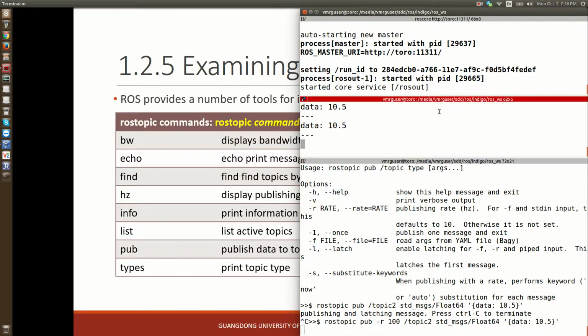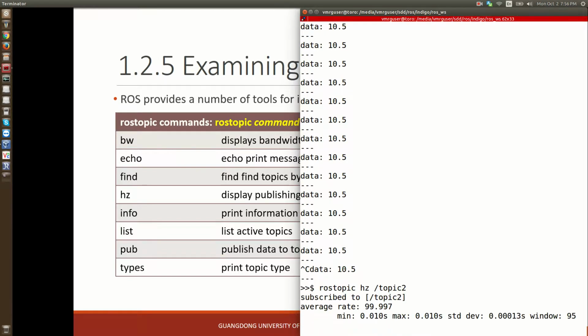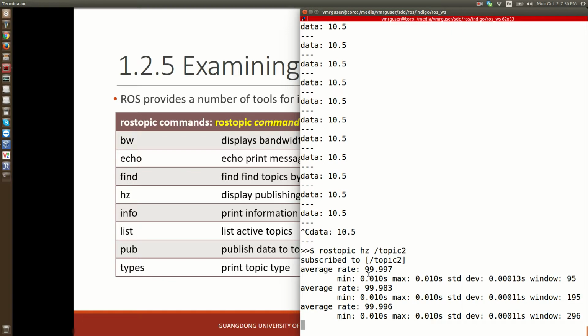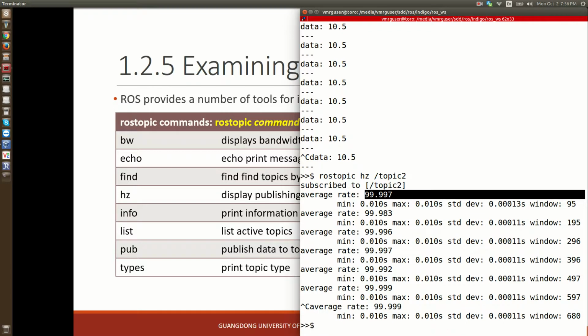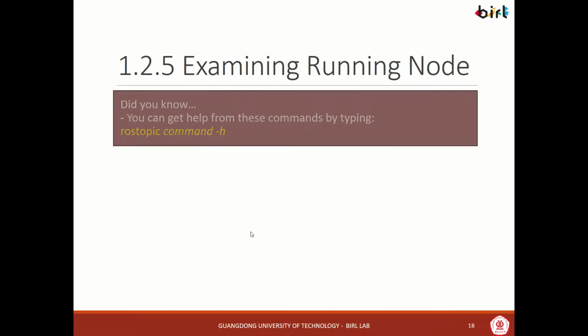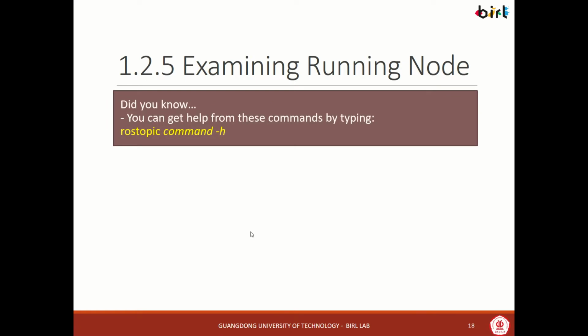And then all of a sudden, let me make this a full screen. This is running 100 times per second. I could check that just by looking at hertz like this. And you can see that the system is telling us that, yeah, that's very, very close to 100 times per second. Okay? So that's some of the tools for ROS topic.